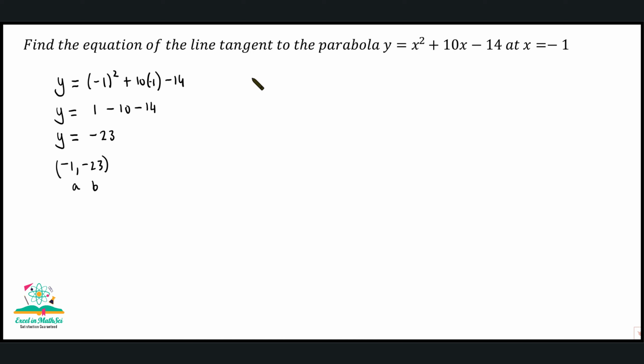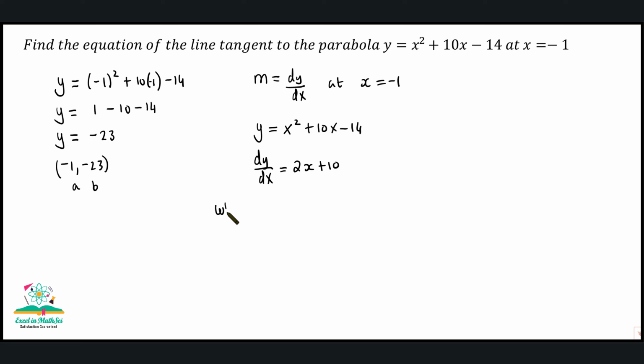Now the gradient would be given by m equals dy by dx at x equals minus 1. So I need to differentiate this function. Just write that out first. So dy by dx would be 2x plus 10.